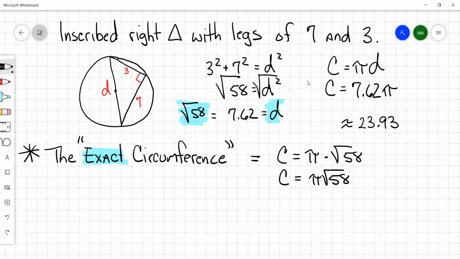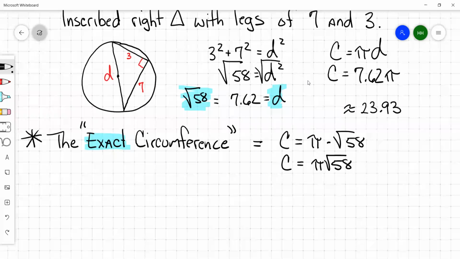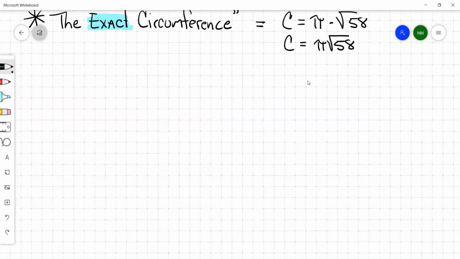Okay, so your assignment for today is going to be on page 701 and 702. Five and 6.